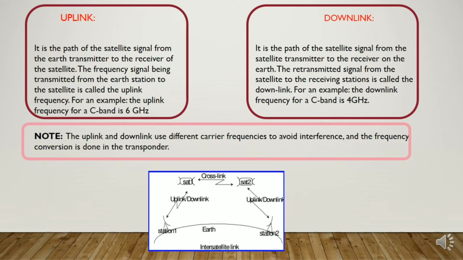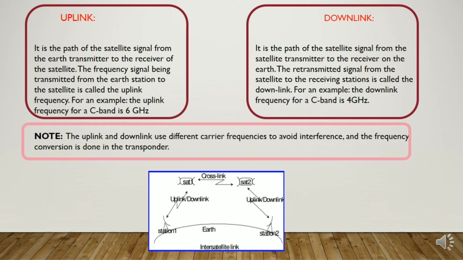For an example, the uplink frequency for a C-band is 6 gigahertz.